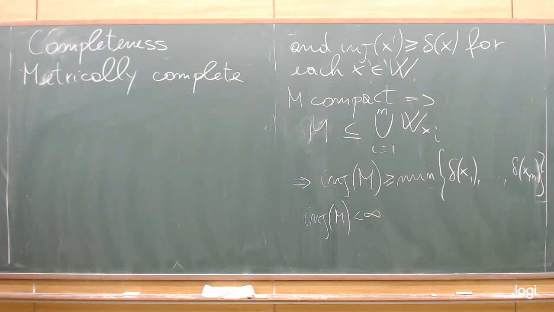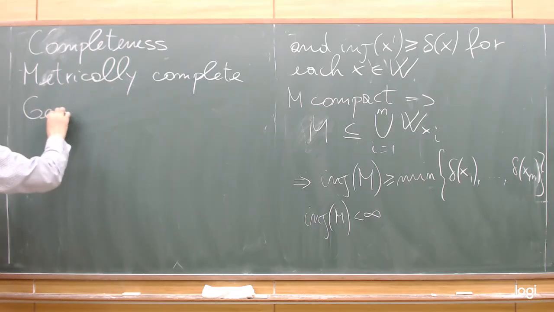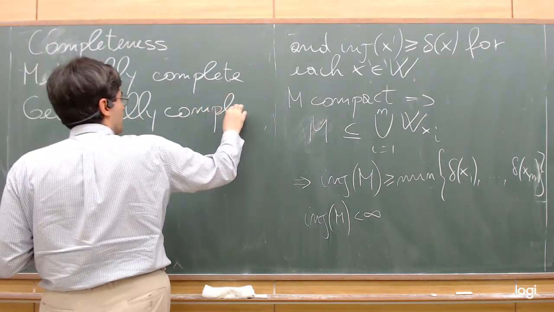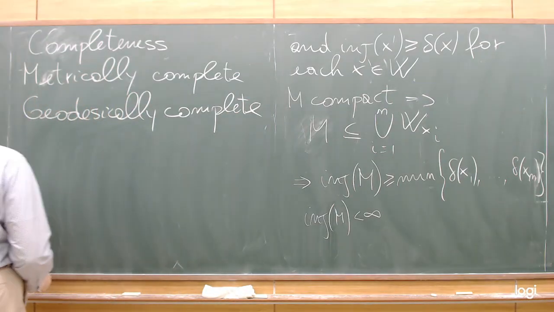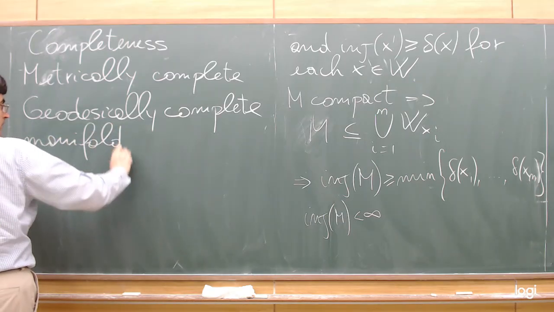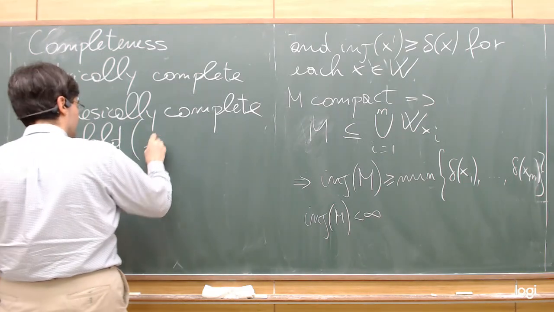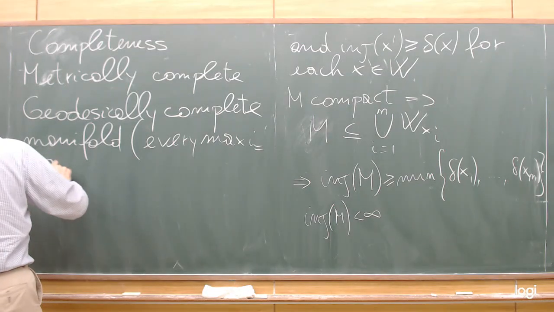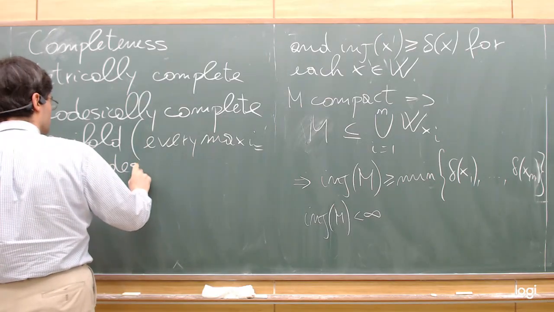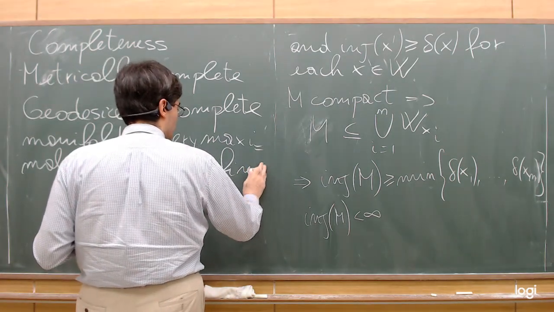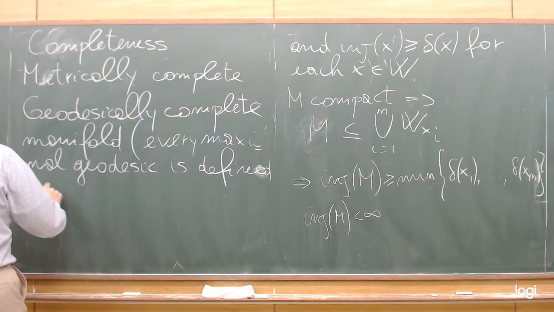This means that it is a complete metric space, but we have also geodesically complete spaces, and this means that every maximal geodesic is defined on R.